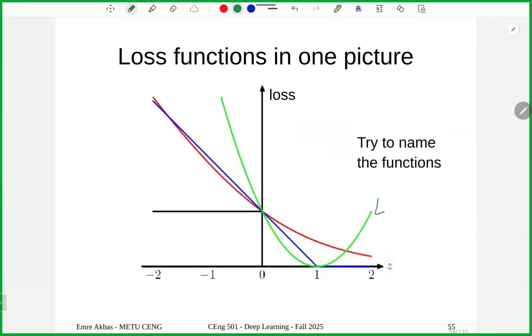L2 loss. This is L2. And the one in blue, hinge, right? Yes, so this is hinge. And then the red one, logistic or log loss. And then the black one, yes, this is the 0,1 loss. Okay.